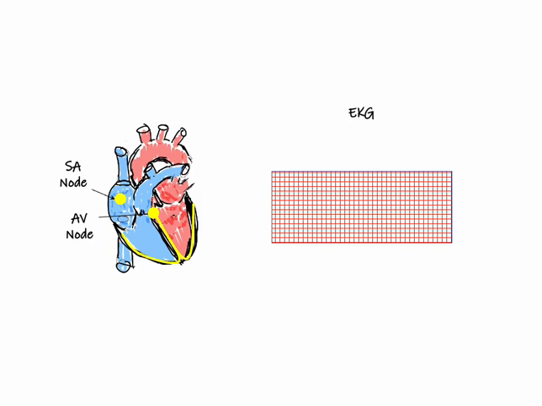Now, the way that we can assess the electrical activity of the heart is through what's called an electrocardiogram, and you'll see that abbreviated EKG or ECG. I've drawn on the left here just a very simplified depiction of where our autorhythmic cells are located. So they are located in clusters.